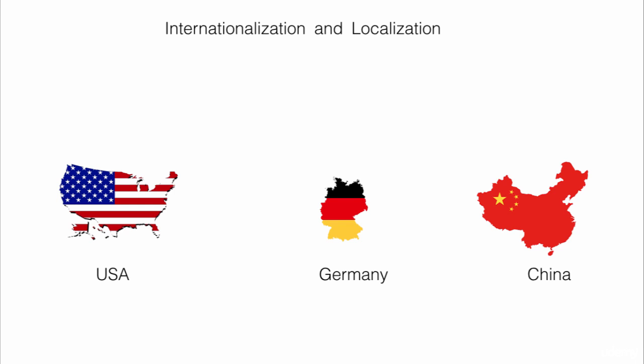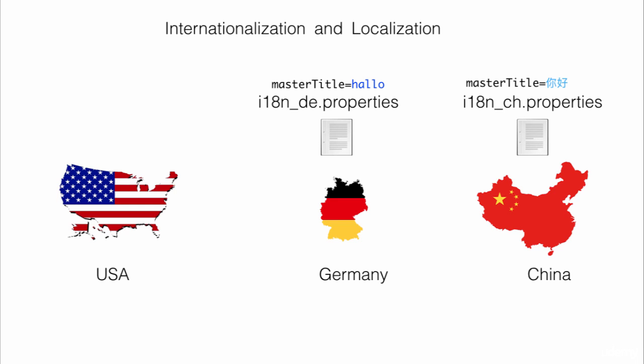So in US, when you're opening the application, you have to show all the standard text in English. In Germany, you have to show it in German language, and in China, you have to show all the text in Mandarin.